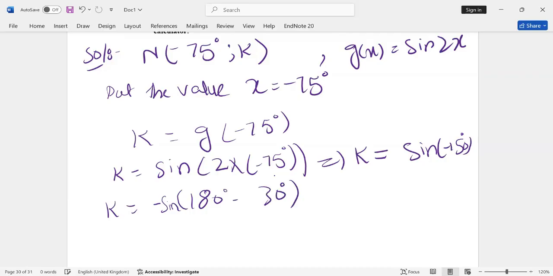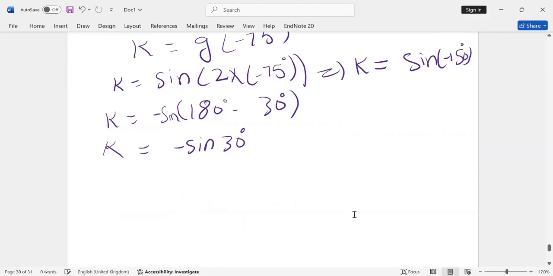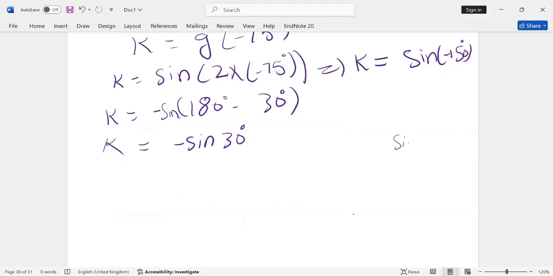I'm using the reduction formula: sin(-theta) equals -sin theta. So we have -sin 30 degrees. The value of sin 30 is 1 by 2, so k equals -1/2, and this is the required answer in question 6.4.